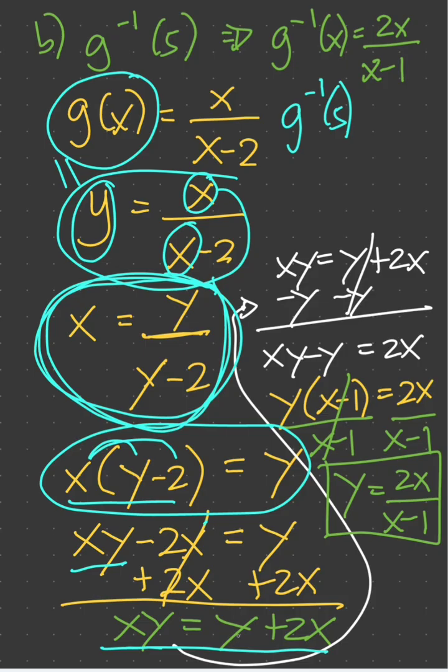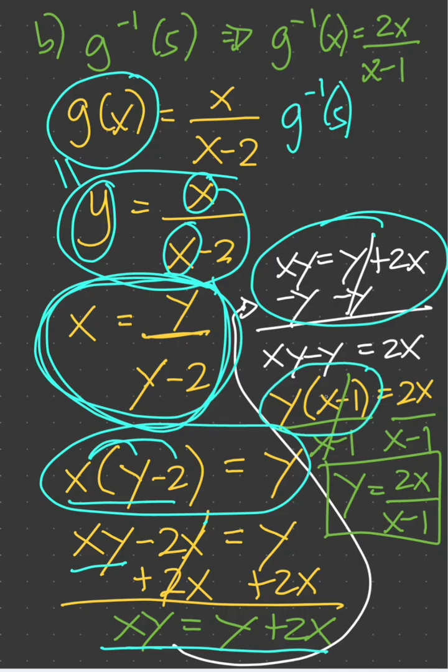And we want to move y from the right to the left. So we subtract y from both sides. So we have xy minus y equals 2x. Since y is a common factor, we factor out y, then we're left with x minus 1 in the parentheses.